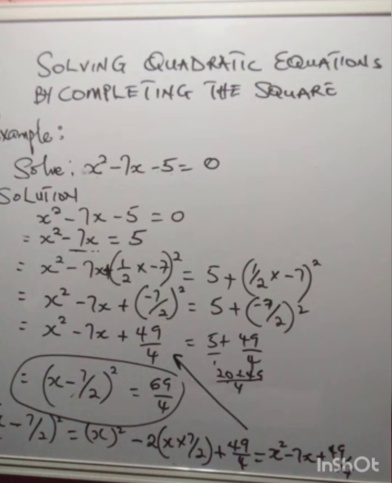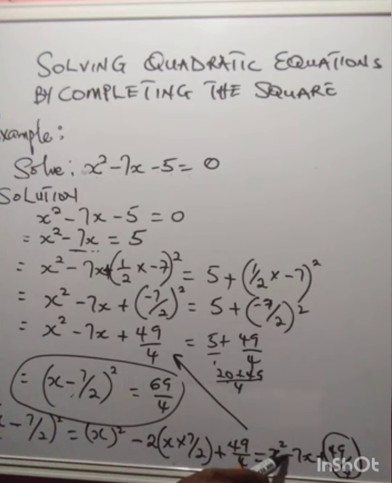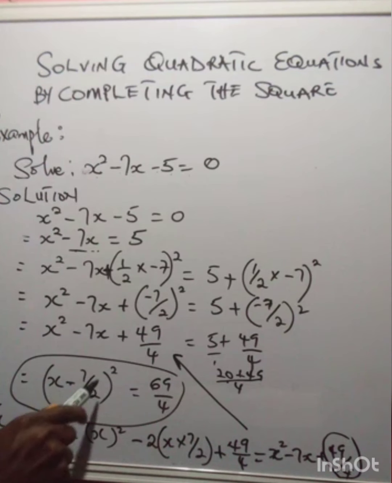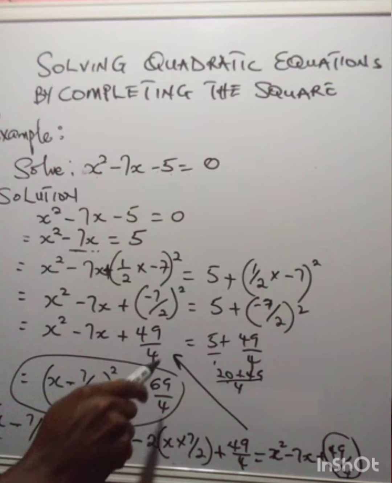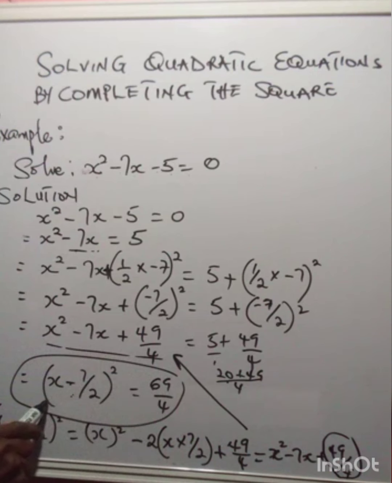So in other words, this expanded gives us this, and if you want to get this from here, we simply take the square root of x squared, which is x, and take the square root of 49 over 4, which is 7 over 2. This minus here is what we have here. So we square both sides. That is how we factorize this equation to give us this value.